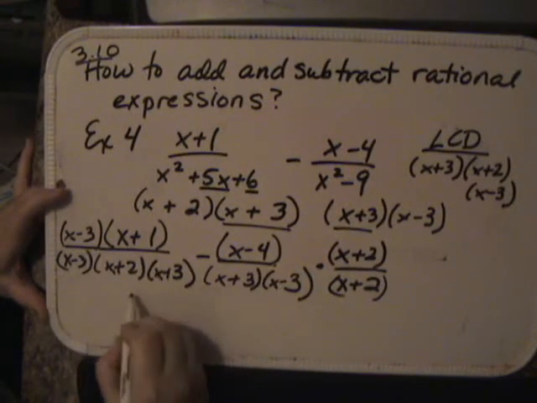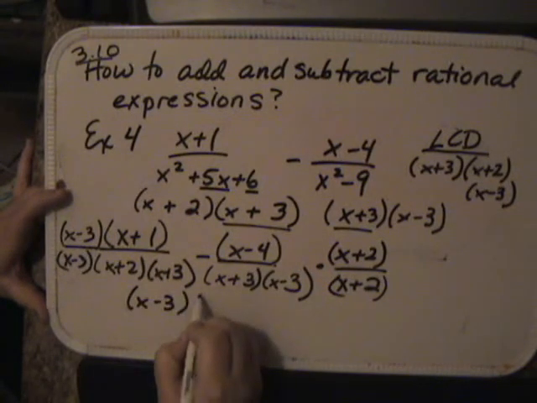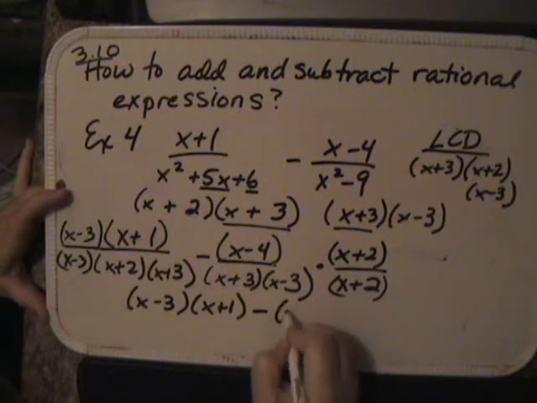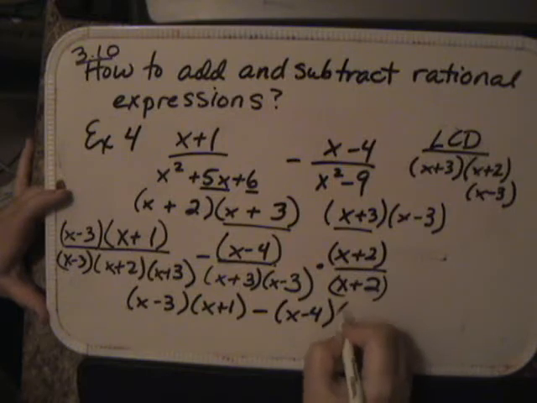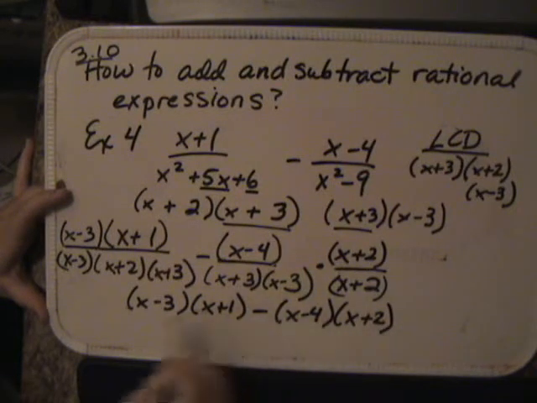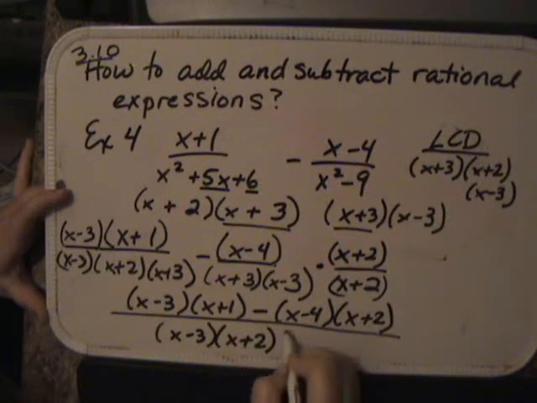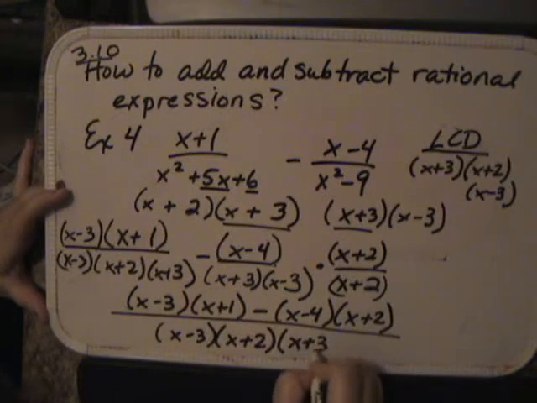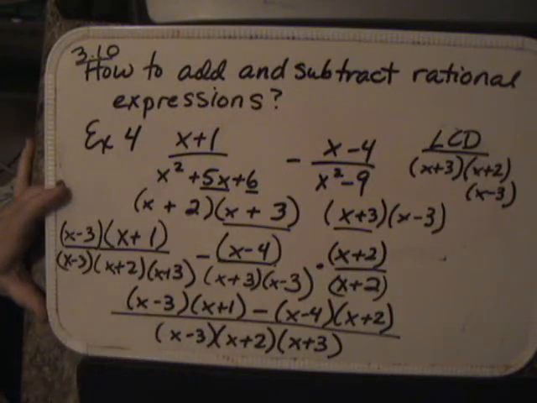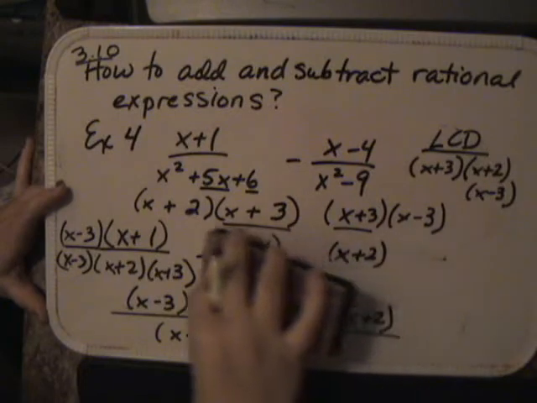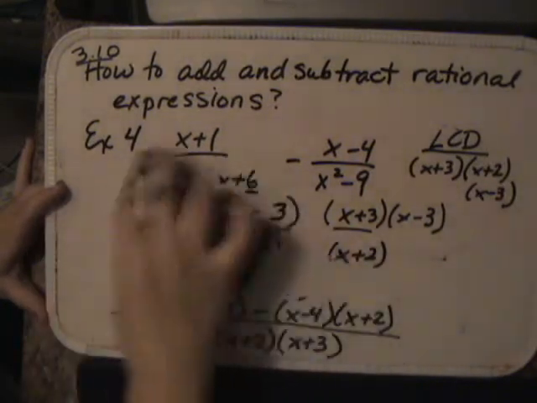And this is how I would do it: x minus 3, x plus 1, minus x minus 4, x plus 2, all of that over x minus 3, x plus 2, x plus 3. Okay, it's getting really messy here. And the next step, I'm going to need to erase and start over at the top because I am out of room.